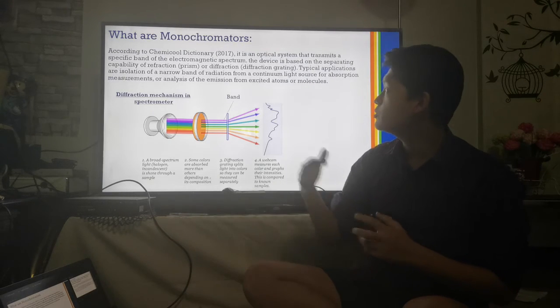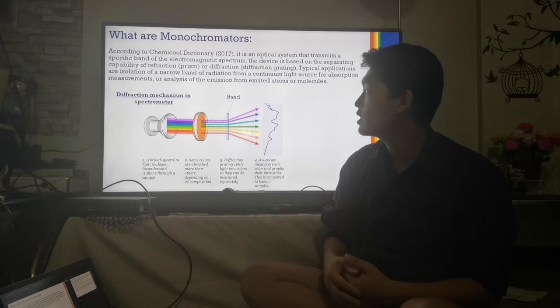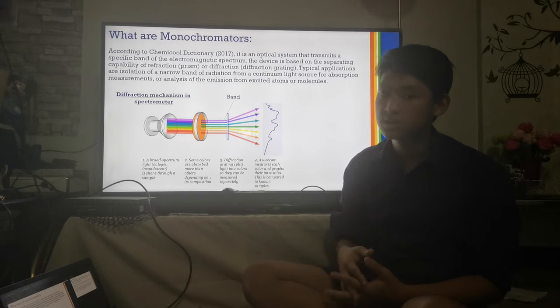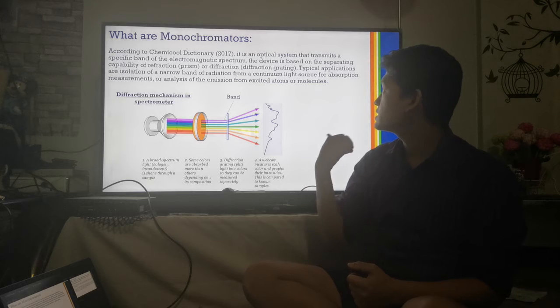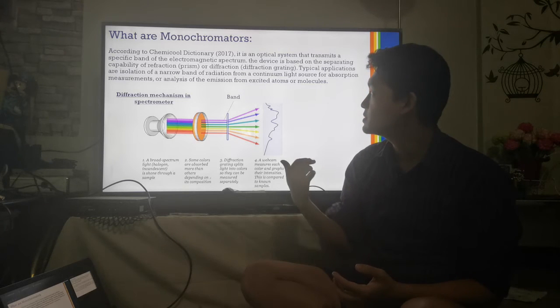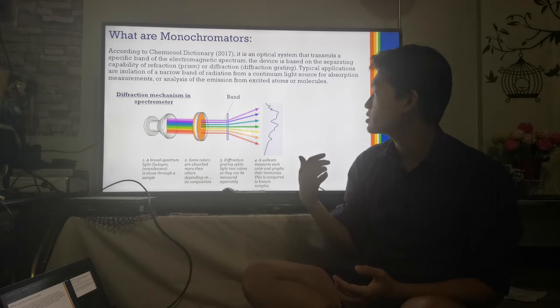So, also, we will need to define what is a monochromator. According to Chemical Dictionary 2017, it is an optical system that transmits a specific band of the electromagnetic spectrum.